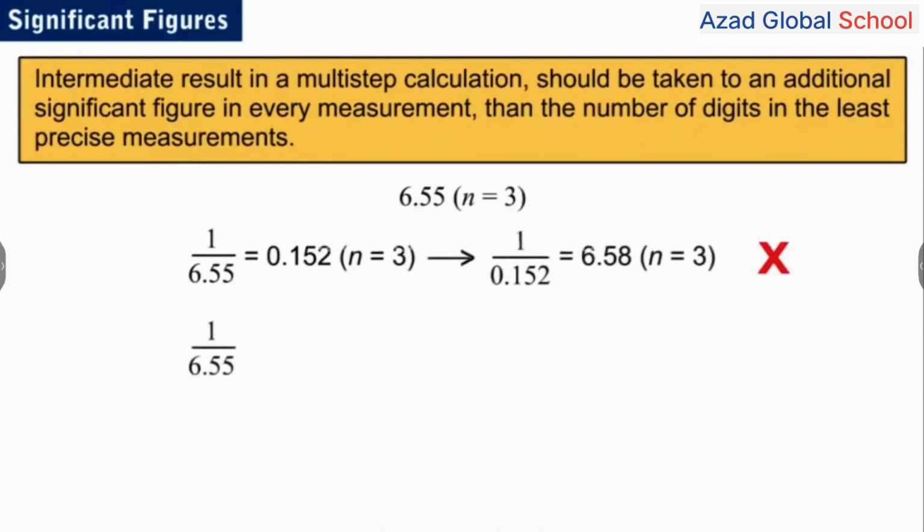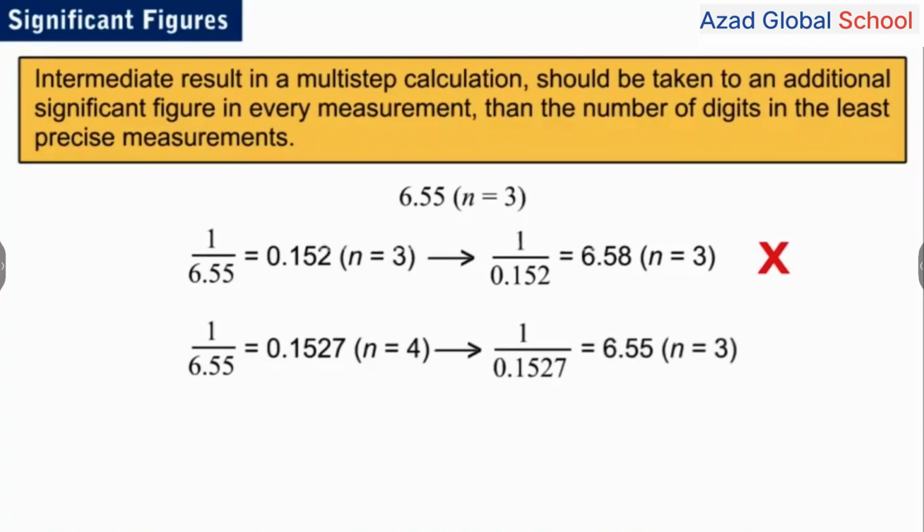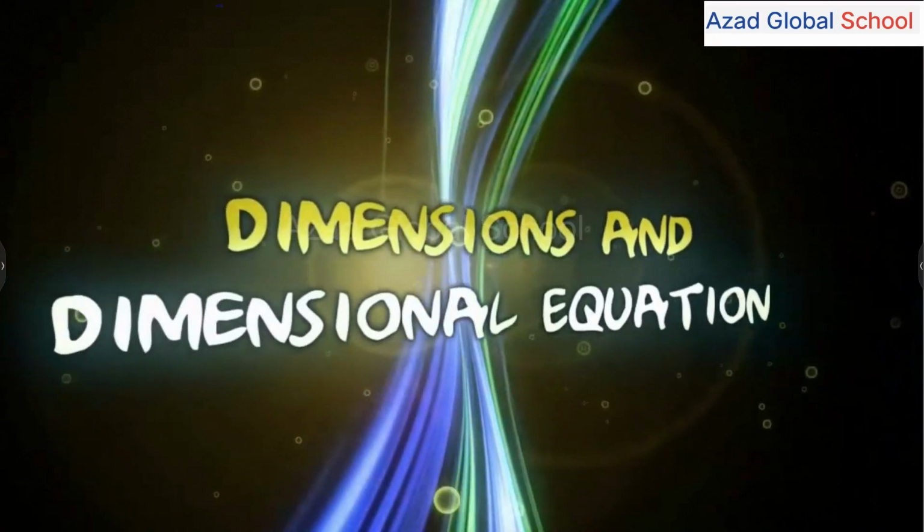Now, if we consider the reciprocal of 6.55 to 4 significant digits, we get 0.1527. The reciprocal of 0.1527 taken to 3 significant digits is equal to 6.55, which matches the original data.